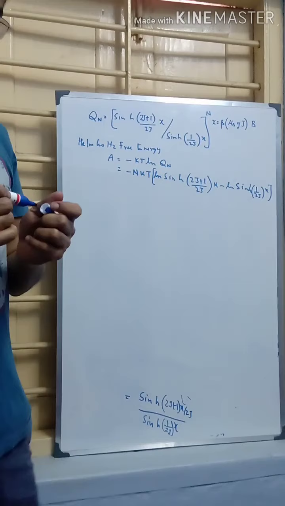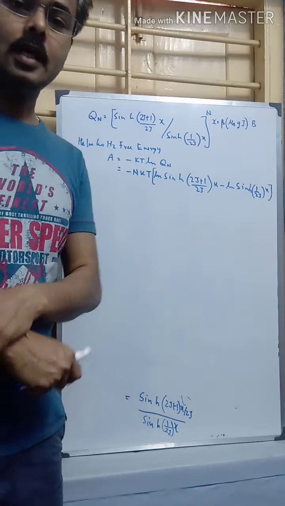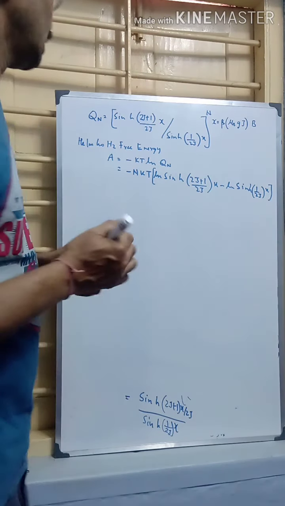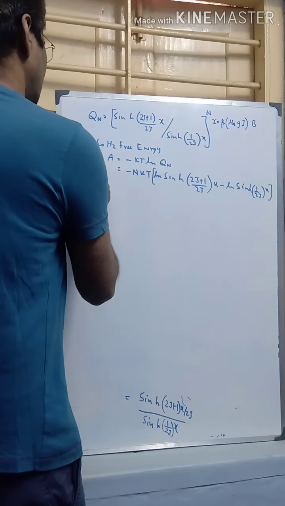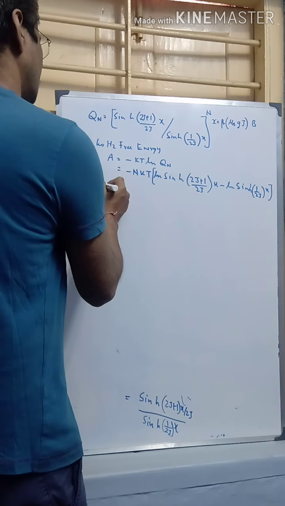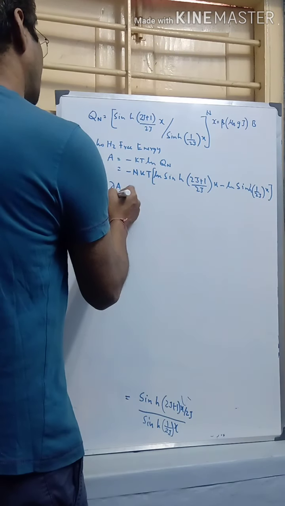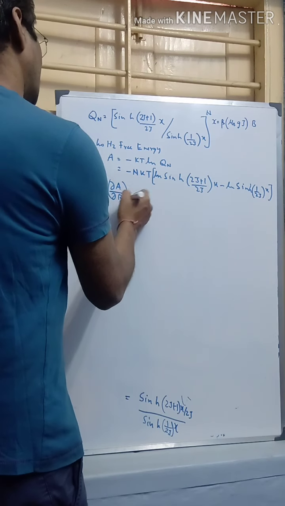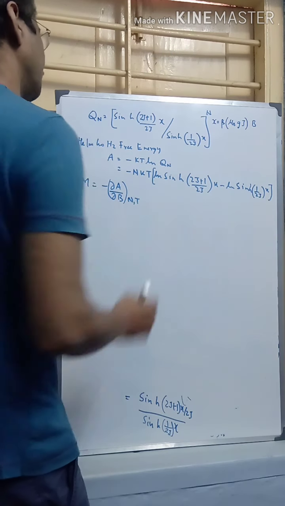Okay. Now, if we know the Helmholtz free energy, then we can easily calculate the corresponding magnetization M, which is equal to minus of del A by del B at constant N, T.